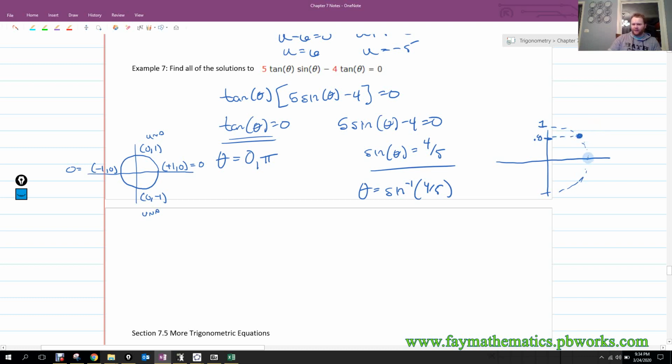So there should be an angle right there, theta, where the y value is 0.8. But there's also going to be a theta right there that is also going to give me a y value of 0.8.